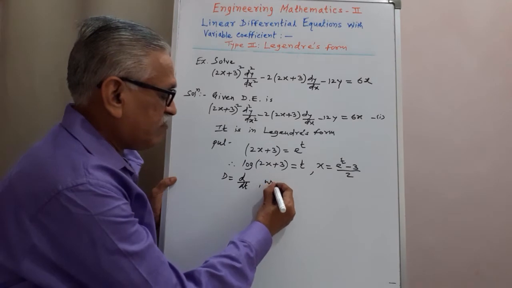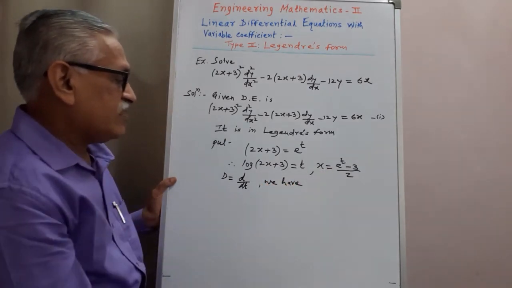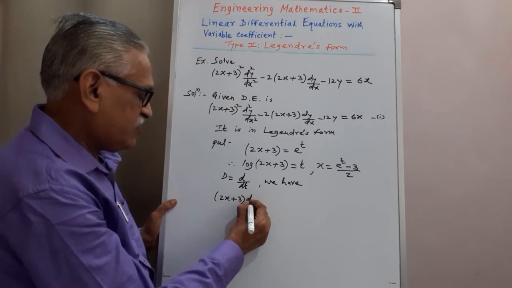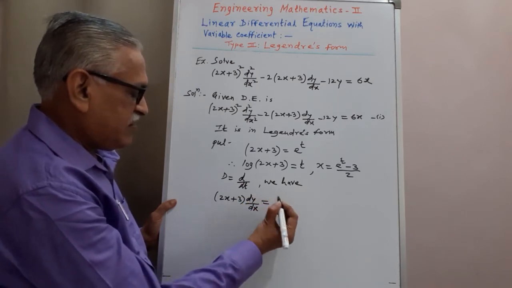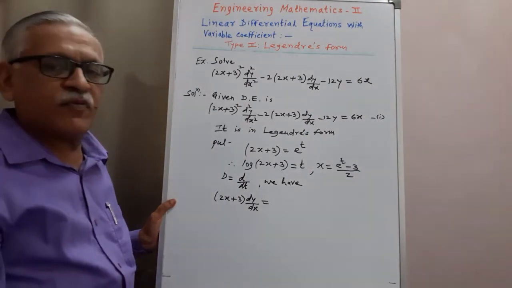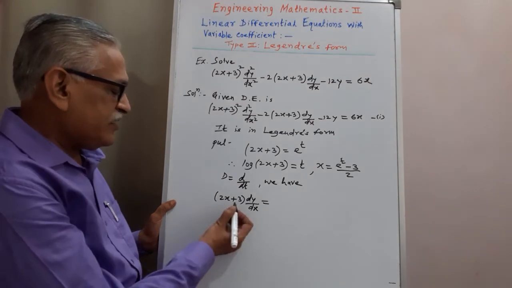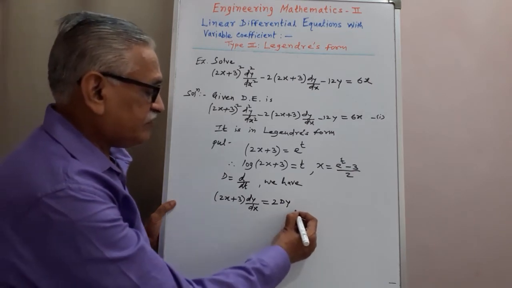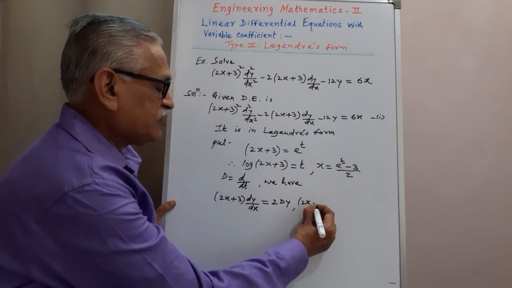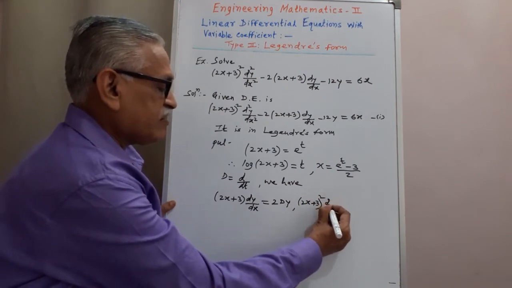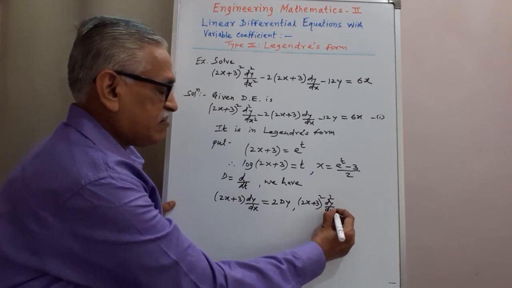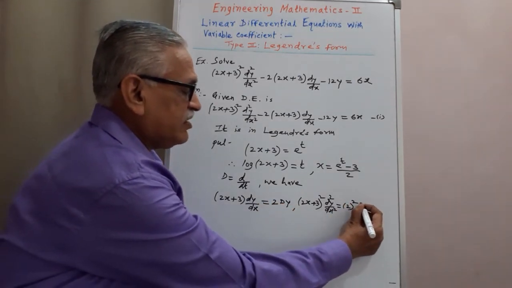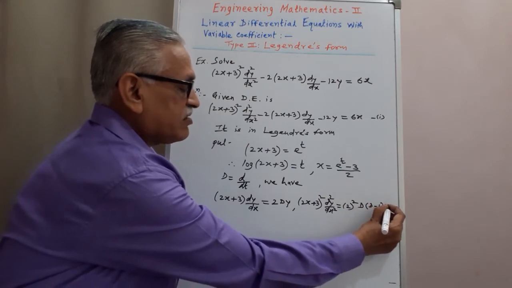we have, as per the discussion which I performed in the earlier video, (2x+3) dy/dx is a·Dy, and the value of a here is 2, therefore it is 2Dy. And (2x+3)² d²y/dx² is a²·D(D−1)y, therefore 2² D(D−1)y.